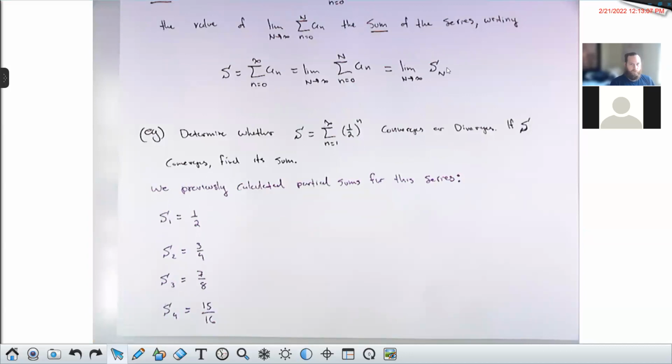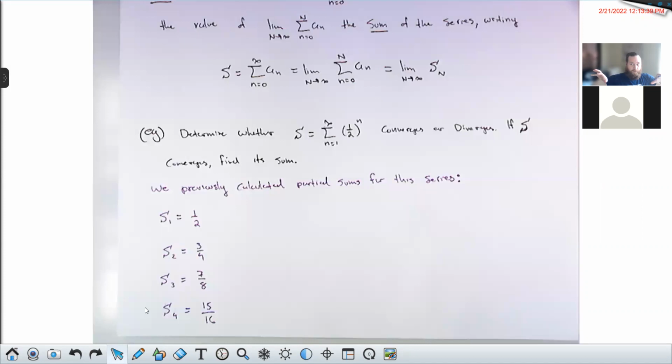In order to say whether the series converges or diverges, and certainly in order to find its sum, from where we are right now, what we need is to take the limit of the partial sums, not the limit of the ANs, not the limit of these, the limit of these. One of the first crucial things you must do is divorce in your head the idea of the AN and the SN.